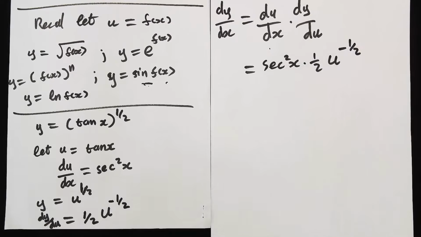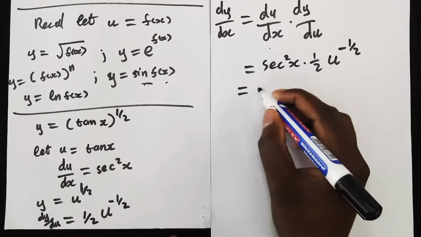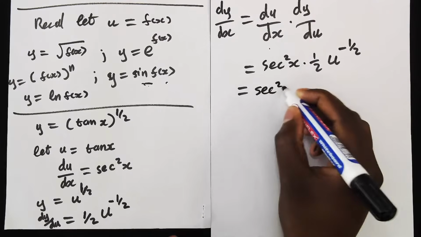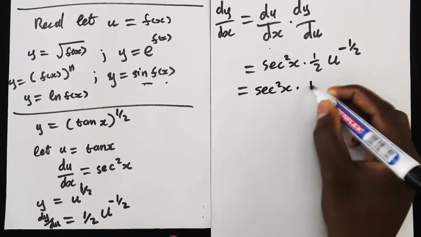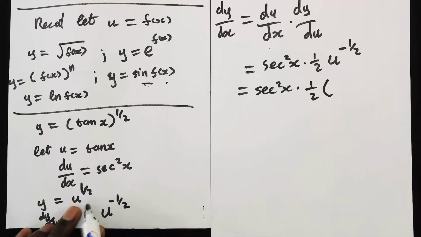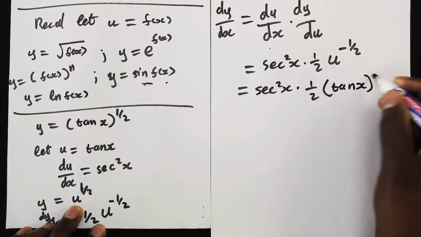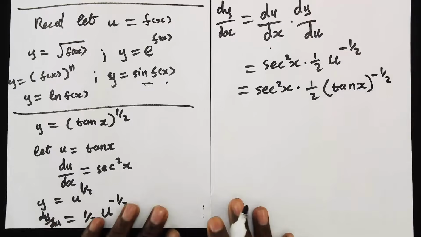So please, we're having function u in function x. Make sure you replace u in terms of x as we did in the beginning. We said u is equal to tan x, isn't it? We'll have tan x to the power of negative 1 over 2.